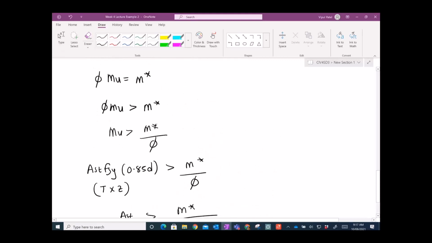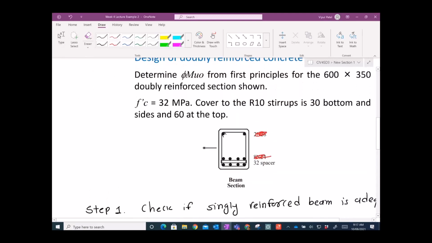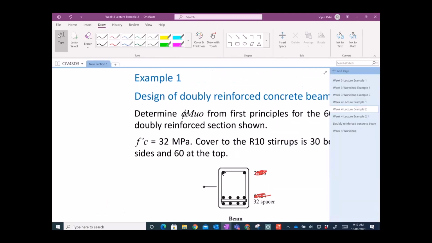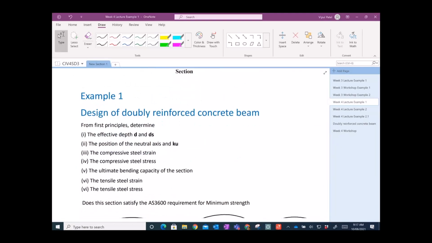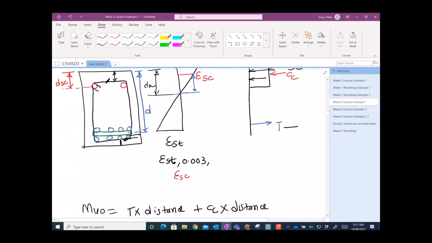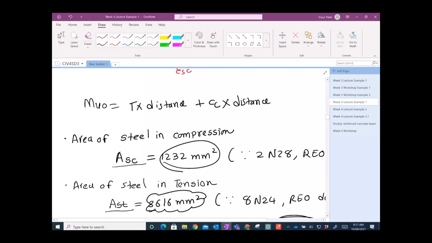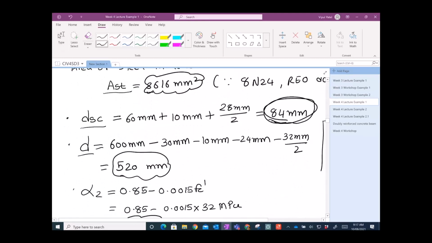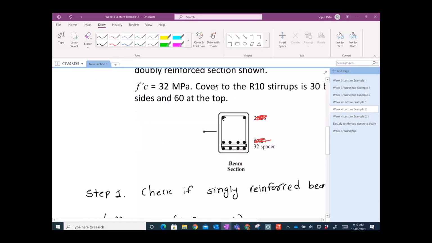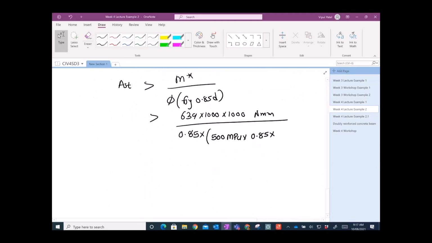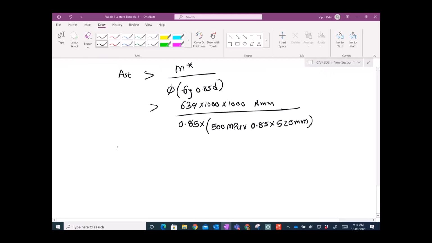By the way, I think we're going to use the same D from our previous examples, because cover and all these fitments would be the same, and the D was 520 millimeters. So in that case, Ast is greater than, if you simplify that, you get 3401.65 millimeter square.